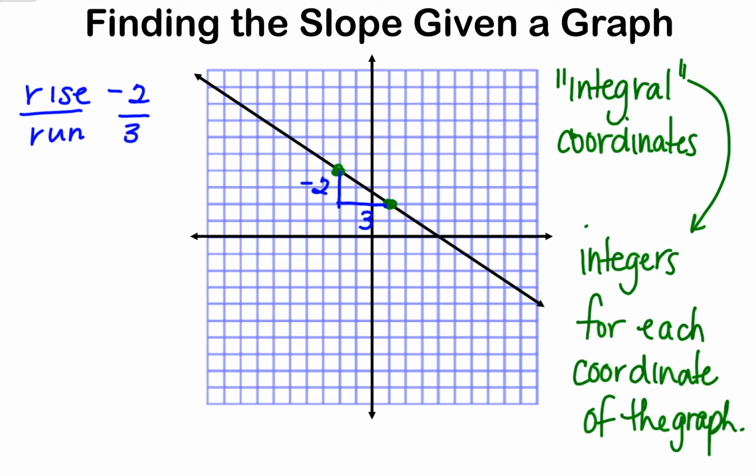I could also have chosen to pull the coordinates off of this graph and said that I'm at (-2, 4) and (1, 2), and substituted those into the slope formula, but I think that using your rise and your run is an easier method in this particular instance.